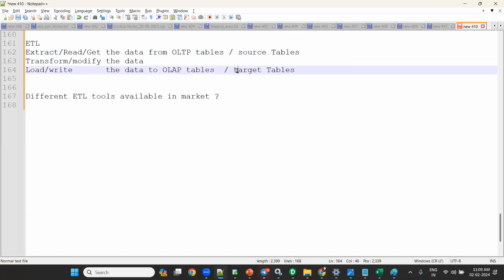Extract or read the data from the source tables, transform or modify it, and load or write it to the target tables. Reporting people will generate the reports.